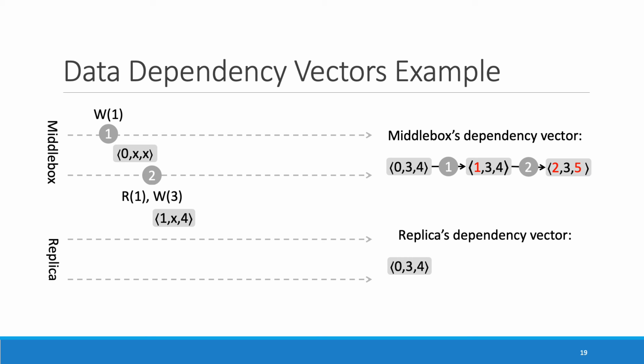FTC also increments the sequence numbers of state partitions 1 and 3, while the sequence number of state partition 2 remains unchanged. To ensure consistency, the replica must first replicate the state changes of the first packet before those of the second packet. However, the second packet arrives before the first one.